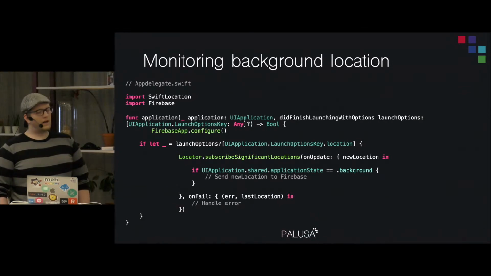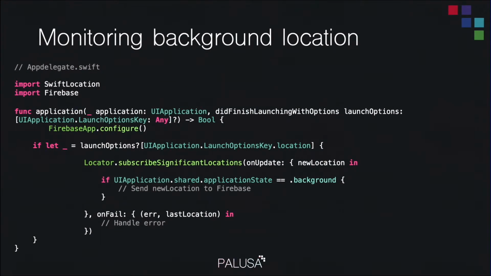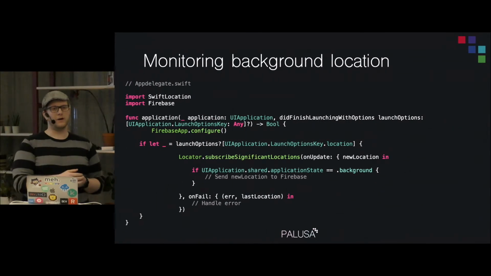So I started with this third-party library, Swift Location. And when you do a subscription to a background location that uses significant location change, you have to resubscribe every time the app is opened, whether it's open in the background or in the foreground.